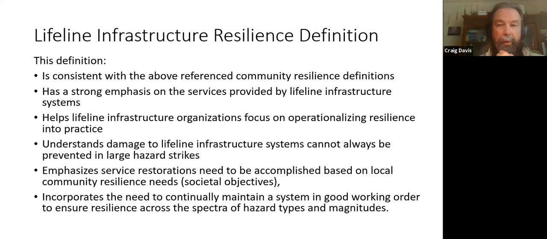In fact, if we weren't losing services, then we'd be trying to design a resistant system, not a resilient system. Right? The definition emphasizes service restorations needed to be accomplished based on local community resiliency, meaning the societal objectives, but it incorporates the need for continuing to maintain a system in good working order to ensure resilience across the spectrum of hazard types and magnitude.